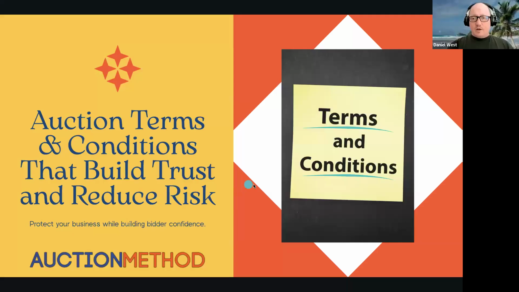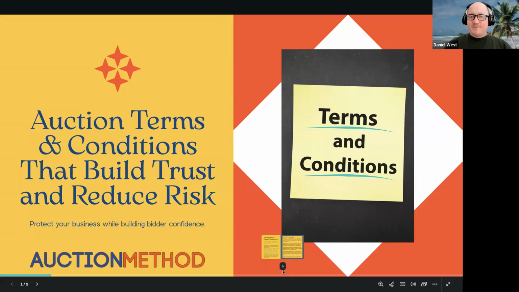This is a common source of confusion, and I just wanted to be clear that what we're talking about today is terms and conditions for individual auction events, and not the entire legal agreement that governs the use of your particular bidding platform. Some of you are using AuctionMethod, in which case you have your own user agreement. It's a large, long, complex legal document that no one ever reads.